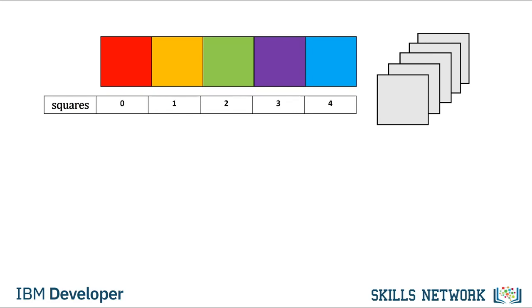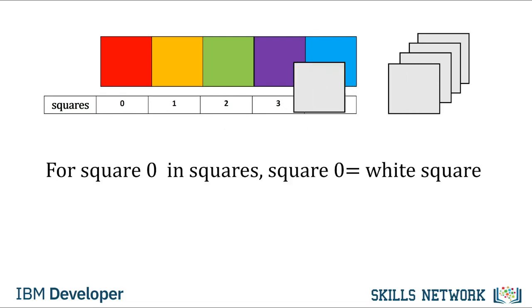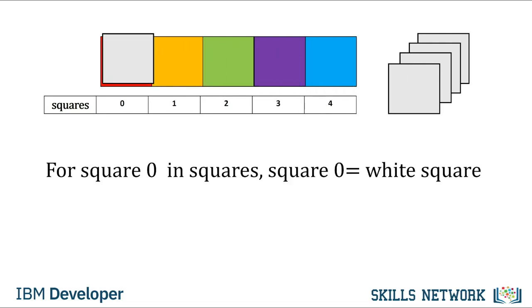Let's give each square a number to make things a little easier, and refer to the whole group of squares as squares. If we wanted to tell someone to replace square 0 with a white square, we would say: for square 0 in squares, square 0 equals white square.